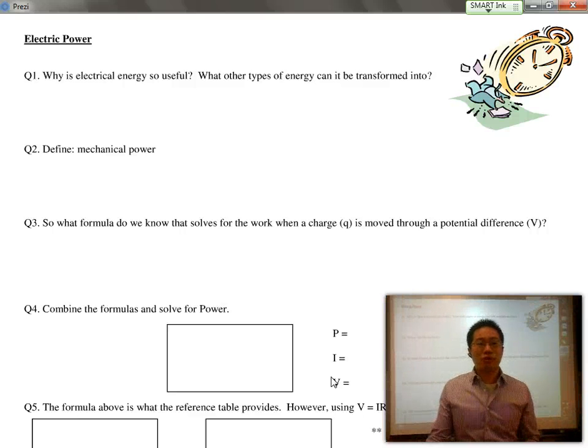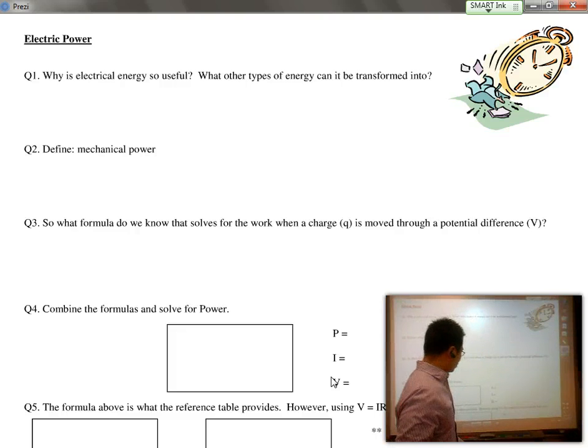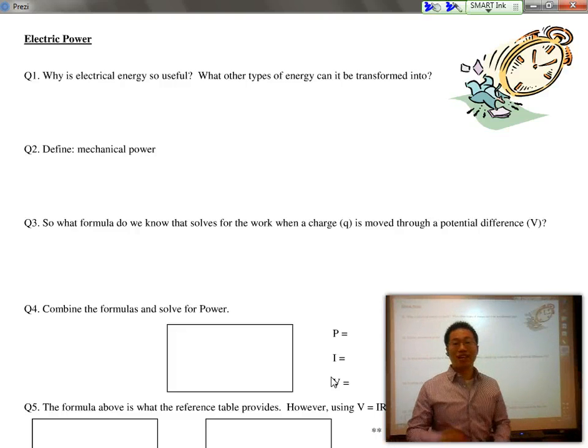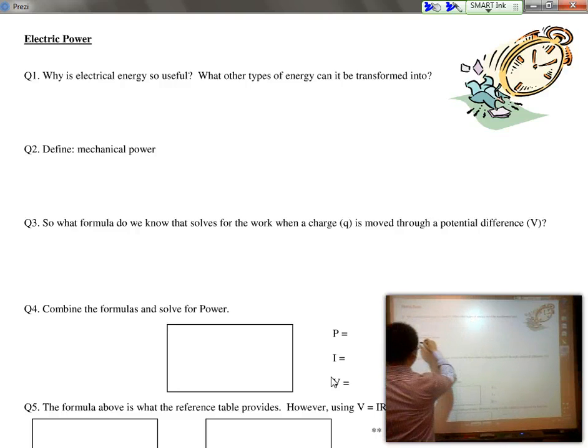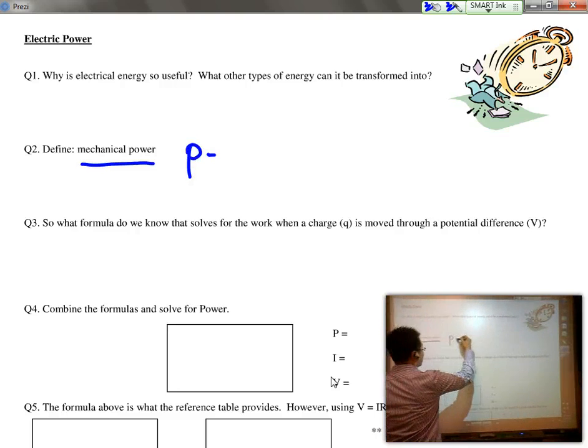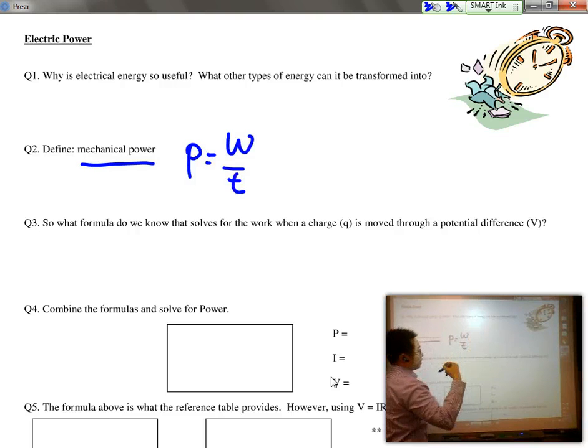Now, whenever we talk about electrical power and electrical energy, the reason it's ultimately so useful is because it can be turned into other types of power or types of energy. And because it can be turned into other types of energy, including mechanical energy, we can always go back to our original formula for mechanical power, which is power is equal to work over time.